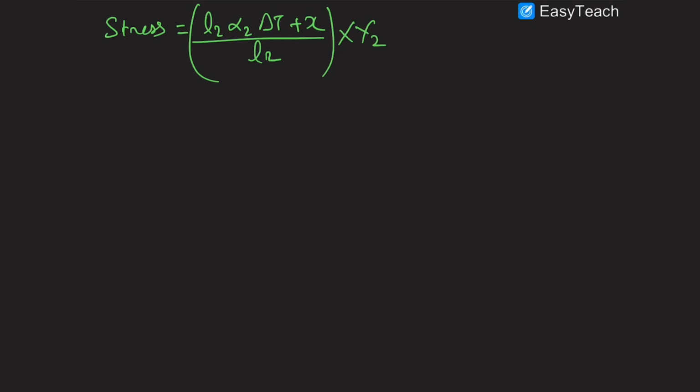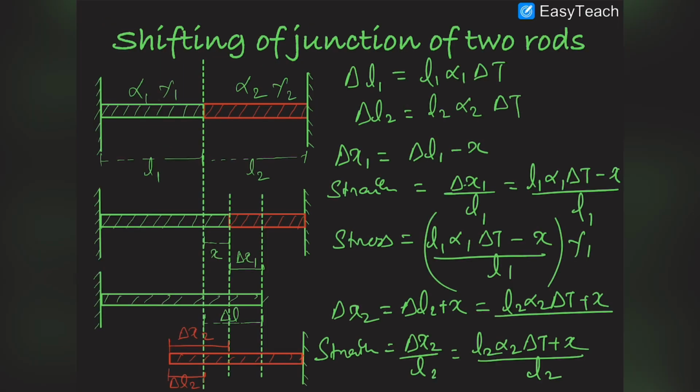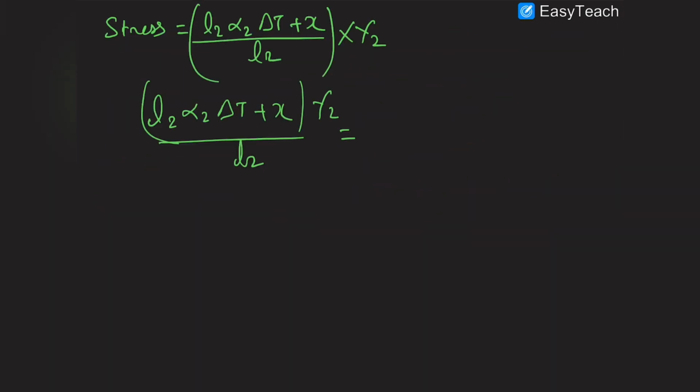that the stress in these two rods will be equal, and therefore (L2 α2 Δt + x) into γ2 divided by L2 is equal to this one, (L1 α1 Δt − x) into γ1 divided by L1.